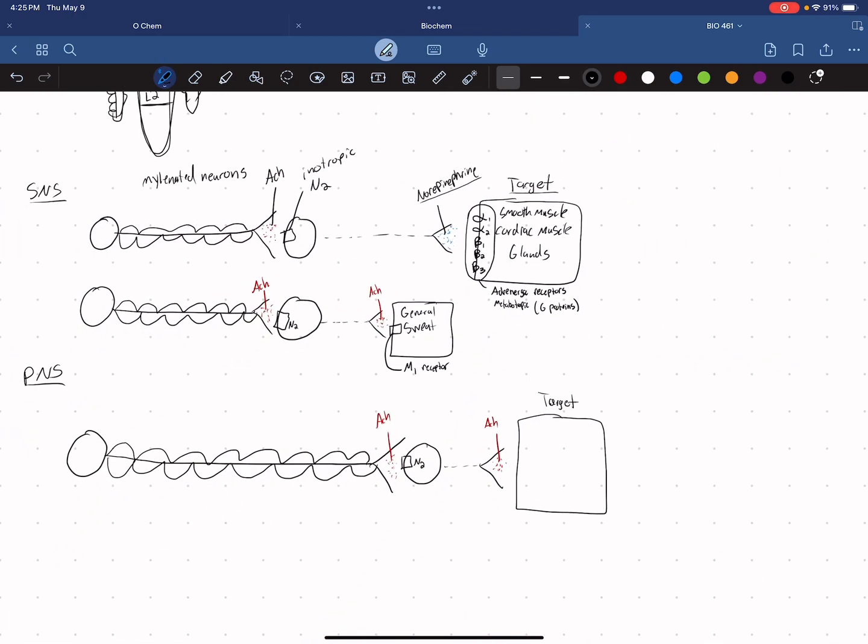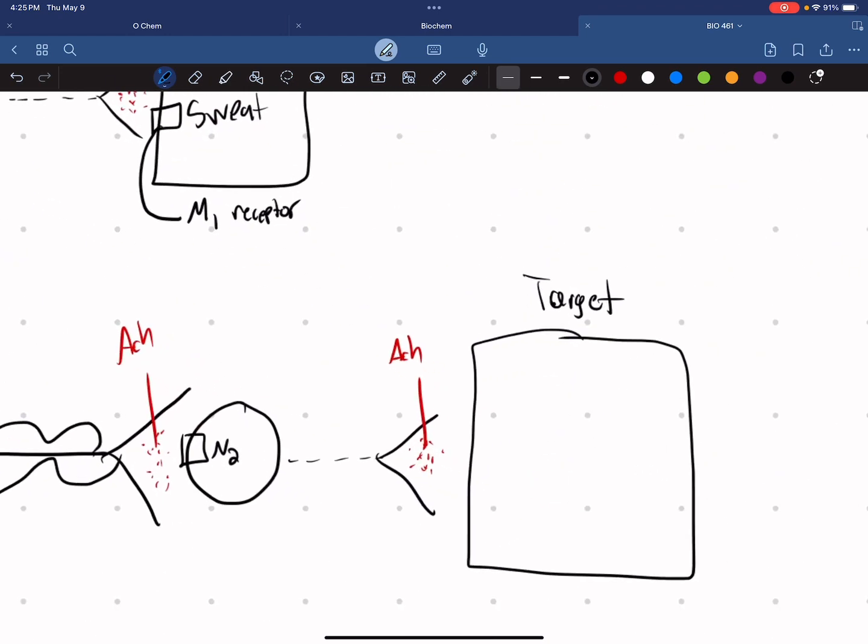When we go down here to the parasympathetic nervous system, we will have similar receptors. We have the M1 receptor, M2, M3, M4, and M5.